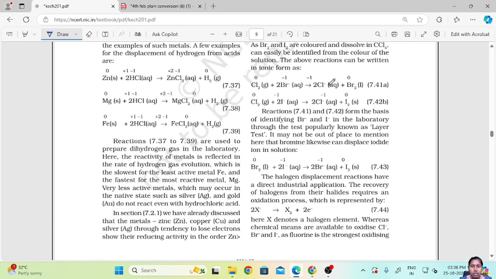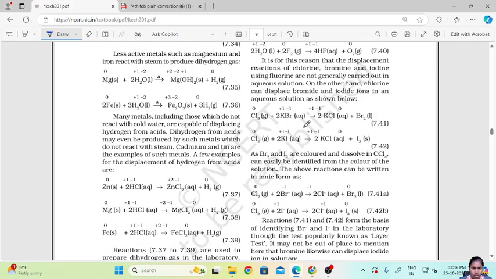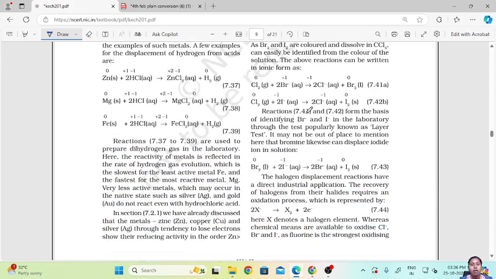This is the basis of identifying bromine and iodine in the laboratory through the test popularly known as the layer test.